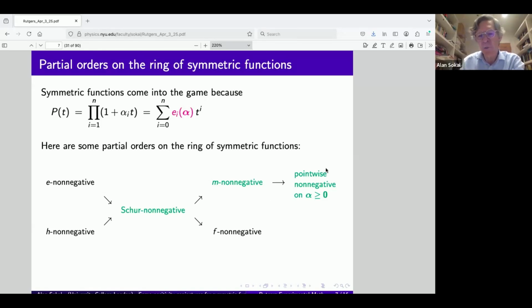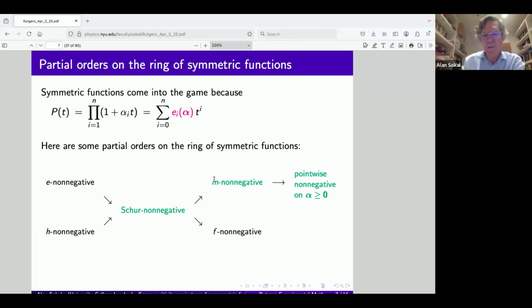So the weakest one that I would talk about is, imagine that you have a symmetric function with an infinite sequence of alphas being your indeterminates. If you take finitely many of them to be non-zero, and take all of those to be non-negative, and demand that the function value be non-negative, that's the weakest of the notions of positivity that I'll consider.